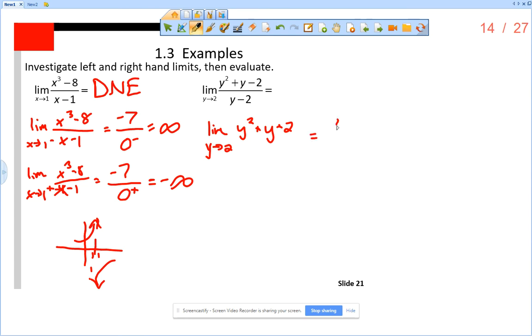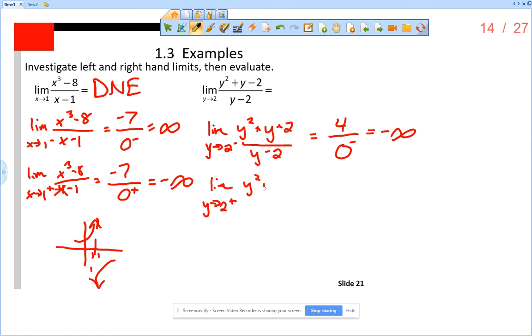So the numerator is going to approach 4 no matter what, whether from the left or from the right. But what about the denominator? y minus 2. 2 minus 2 is, of course, 0, but 2 from the left. What's the number to the left of 2? Like 1.9. 1.9 minus 2 is, of course, a negative number, so I have a positive over a negative, so I'm approaching negative infinity. All right, what about the limit as y approaches 2 from the right?